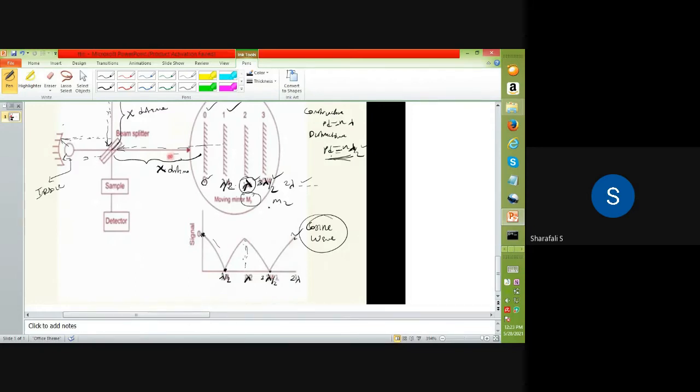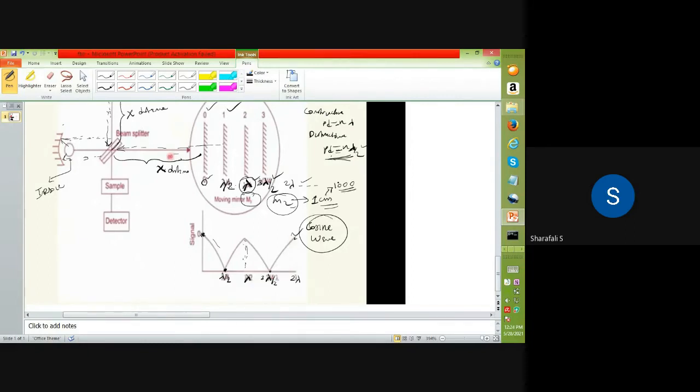This mirror will be moving a total of about 1 centimeter, but within that 1 centimeter it will be covering fractions of lambda by 2, some very small values. So within 1 centimeter, it is going to cover some thousands of different positions.